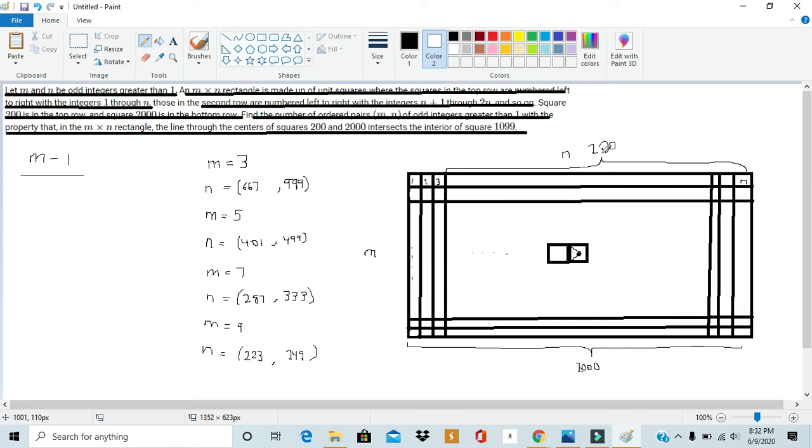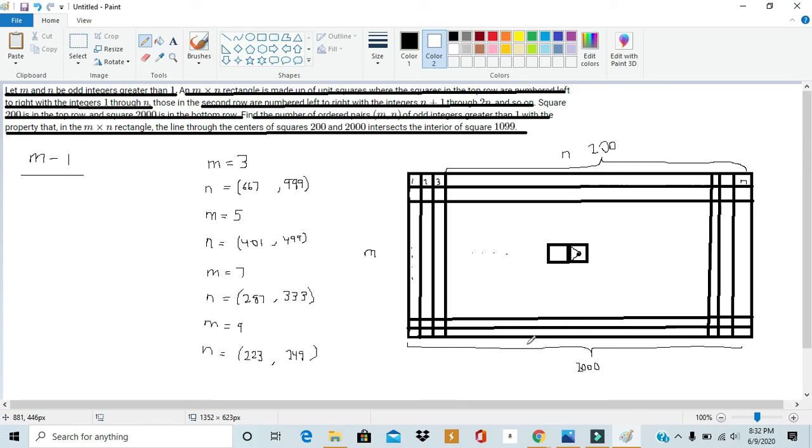So this value would be 200 mod n. If we look at the bottom row, since the bottom row's x position would just be 2000 mod n, since we're just going to keep on dividing n's from it, and whatever is left is going to be the x of this, we can express this as 2000 mod n.